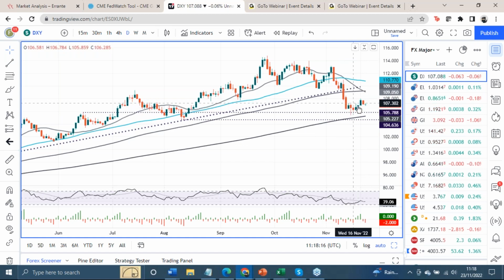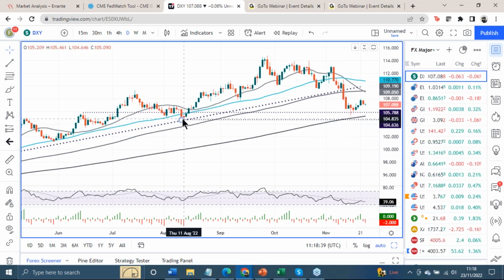As we've said, not too many catalysts this week for strong market direction. So we've still got support at 105.78 or so, along with this rising moving average, the 200-day moving average at 105.22 as well, reinforcing that 105.78 level or zone, if you like.